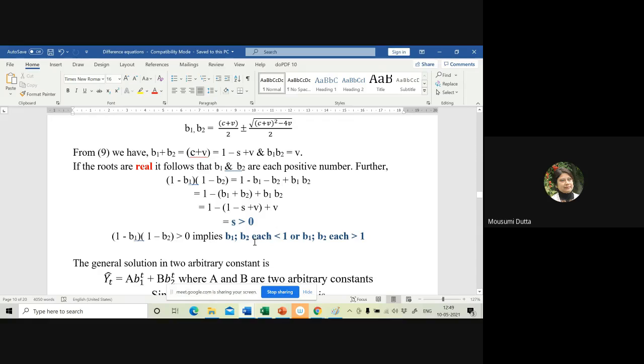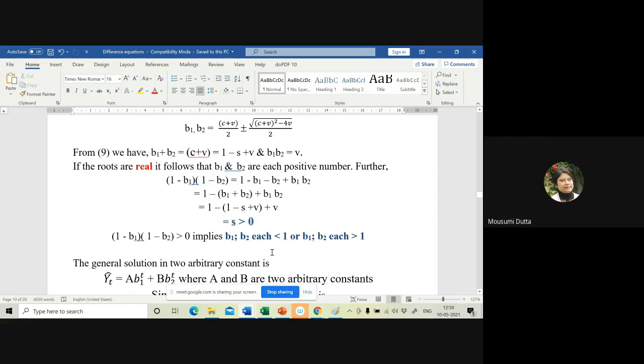Since S is positive, this product can be positive if B1 and B2 are simultaneously less than 1, or simultaneously greater than 1. One greater than 1 and one less than 1 will not help; it will be negative. So we need both of them to be greater than 1, or both of them to be less than 1.